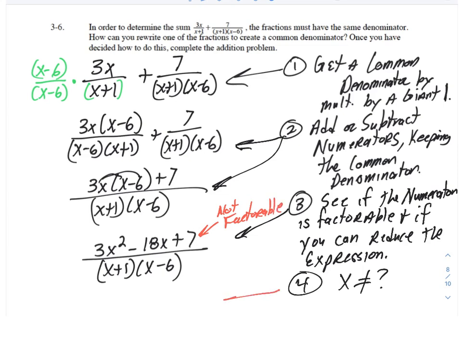And now step 4, go back to the original expression. X cannot equal -1, or x cannot equal 6. Advance to the next screen.